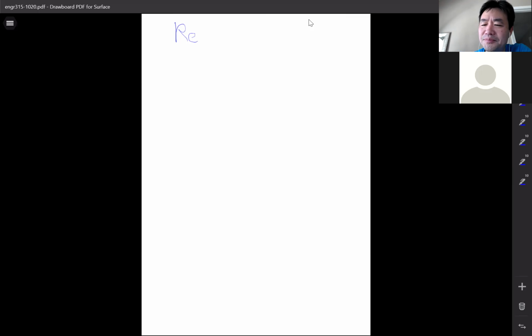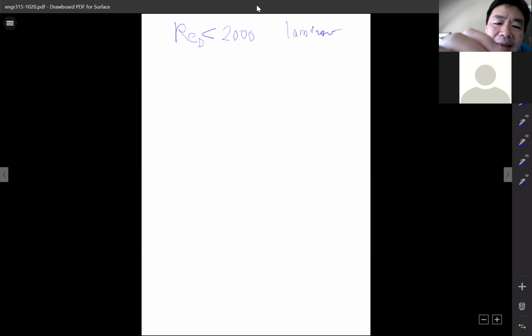Now in here, if the Reynolds number is less than 2000 for the pipe, I put a D here, Reynolds number D, that means diameter, right? So if it's less than 2000, we consider it laminar.